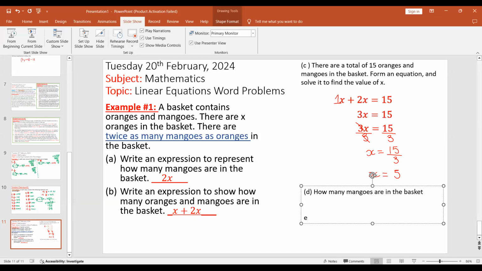And E says, how many oranges are in the basket?